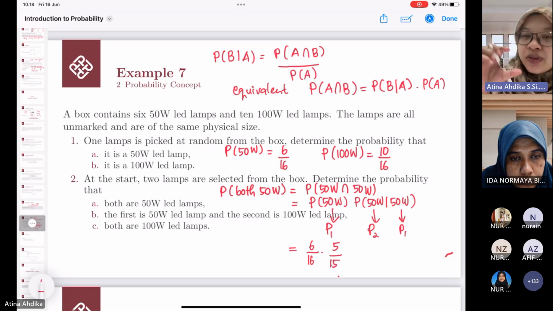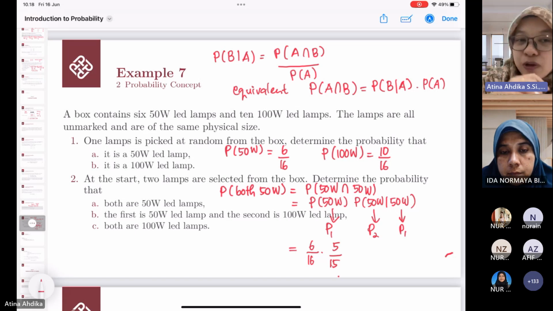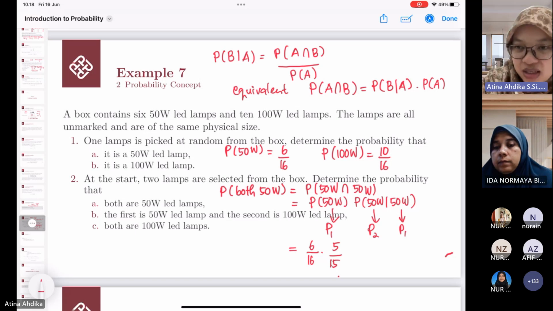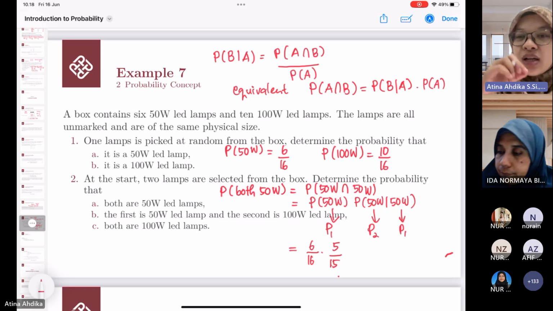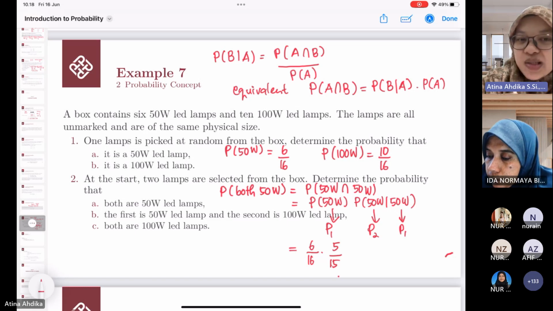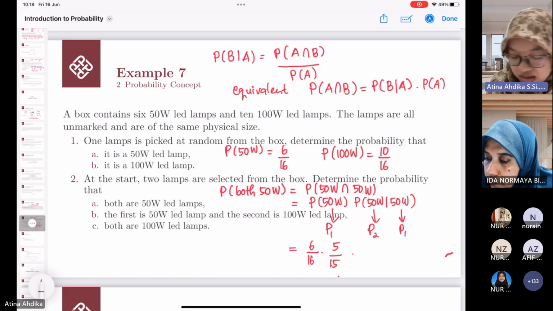The rest of the lamps in the box consist of 15 lamps: 5 50-watt LED lamps and 10 100-watt LED lamps. So this is the answer to the first question.